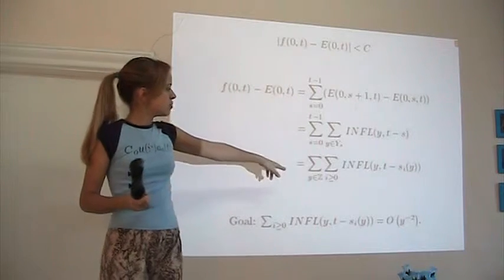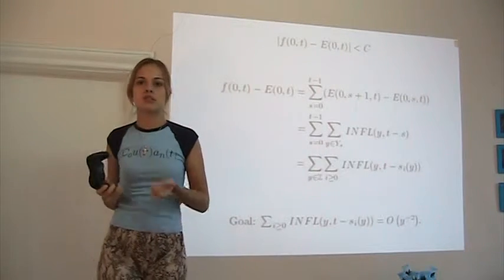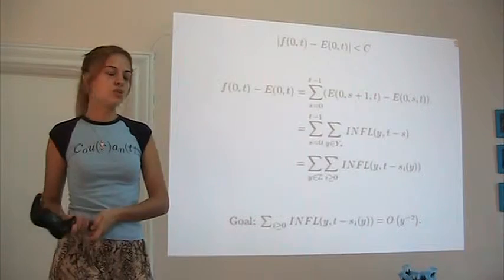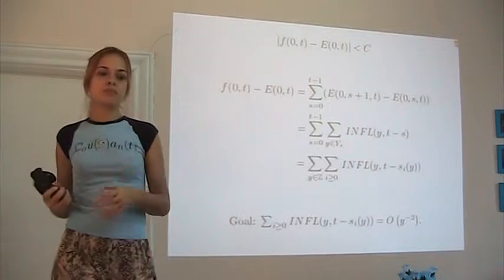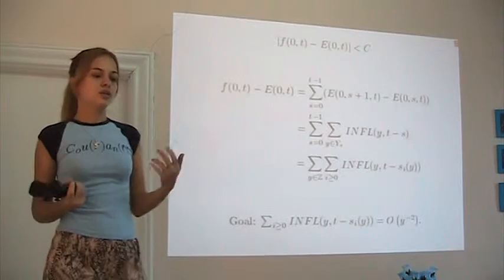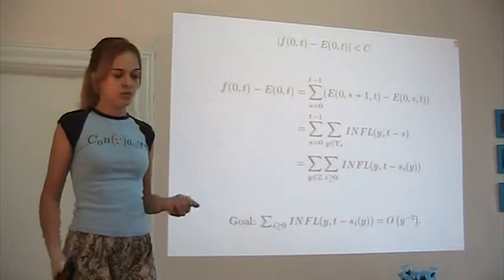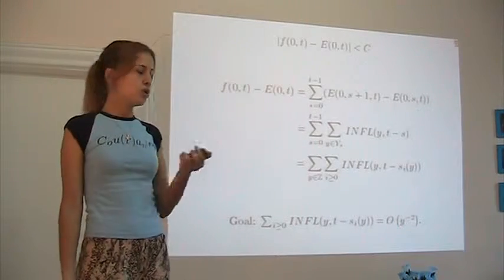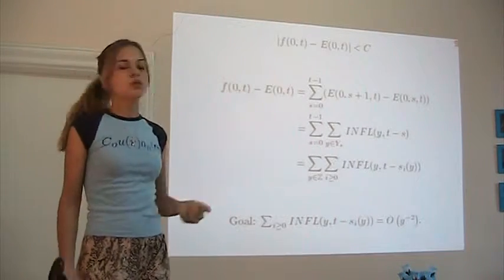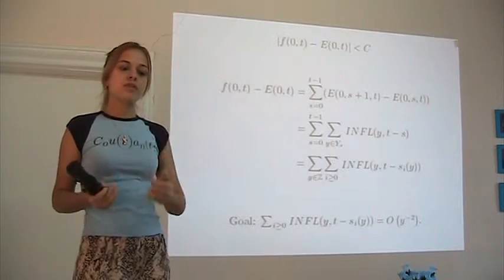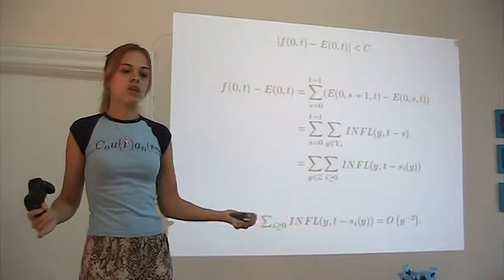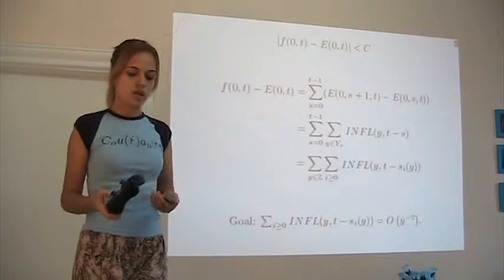Because then when we sum that over y, we get a constant. This is the main thing that we're going to be doing: take a sum in t for a fixed y, and that sum has to be less than y to the minus 2. And then we sum that over the y's, and that gives us a constant. That's what's going to happen.